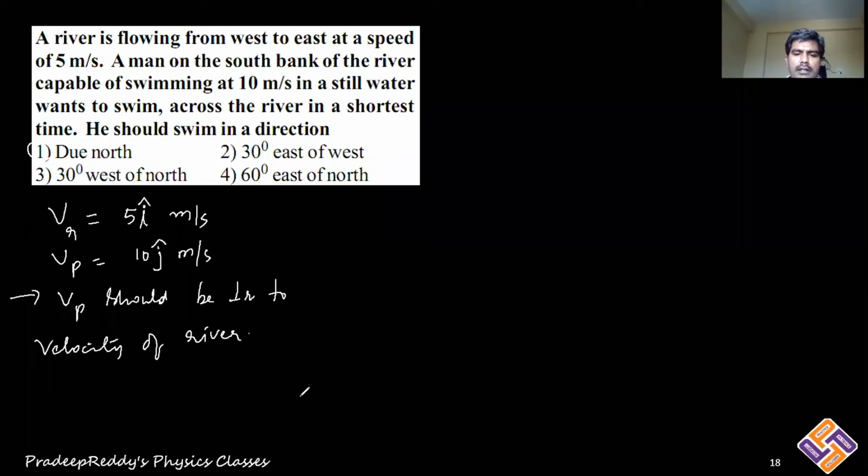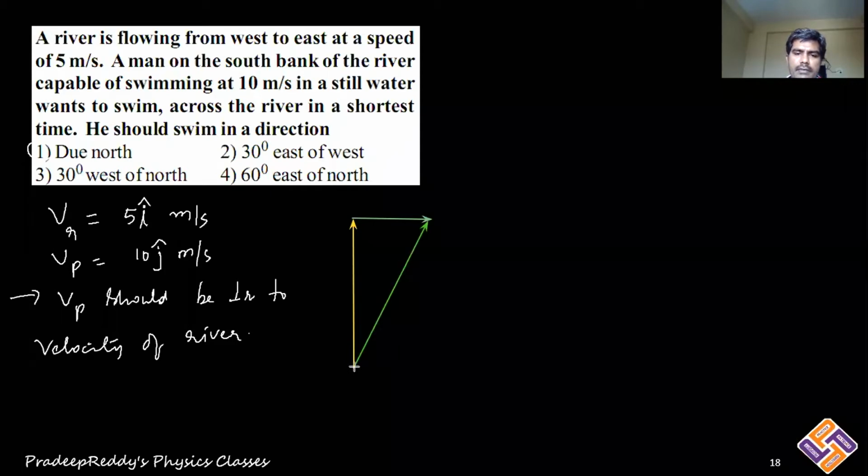So I'll now draw vector diagrams. First, as we know, the person should swim perpendicular in order to reach the other bank in the shortest time. So this becomes the velocity of the person. Next, the river velocity is towards east because it is 5 I cap, and the resultant vector will be in this direction.